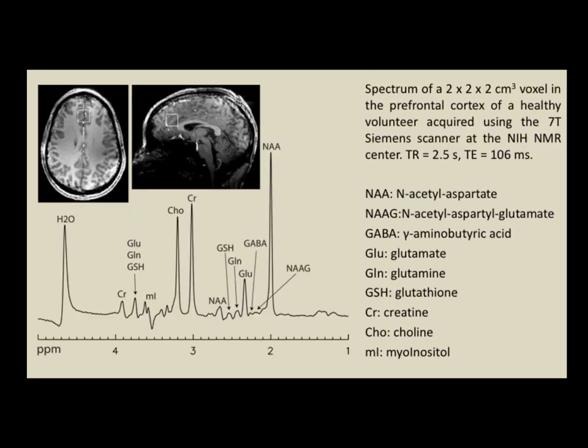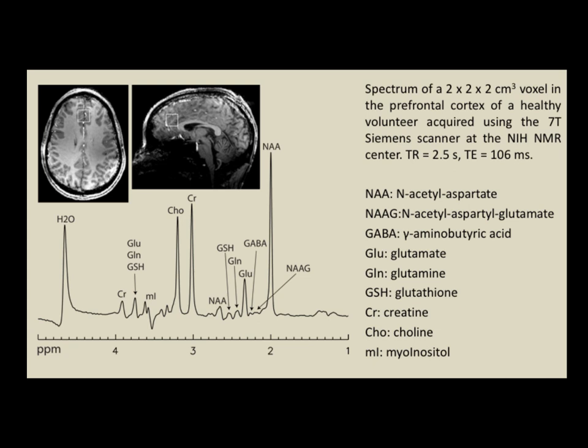So let's take a look at what an MR spectrum looks like. This spectrum is acquired from a 2 by 2 by 2 cubic centimeter voxel in the prefrontal cortex of a healthy volunteer, acquired here at the NMR Center using the 7 Tesla Siemens scanner.